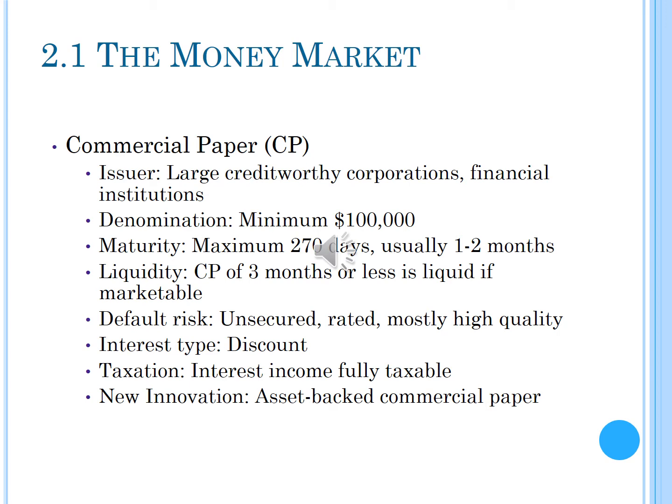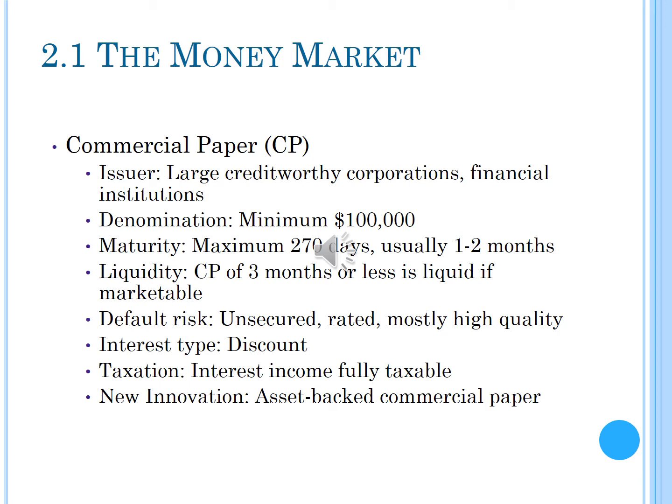So we can basically define them as short-term unsecured debt issued by large corporations. These are usually denominated in $100,000 minimum. They mature within a maximum of about 270 days, and the typical term or maturity date for these is between 1 and 2 months.